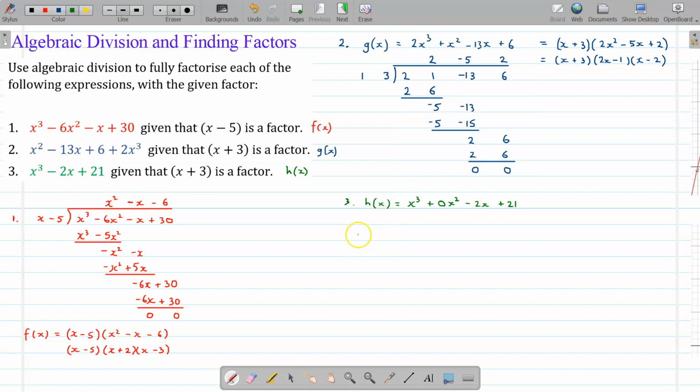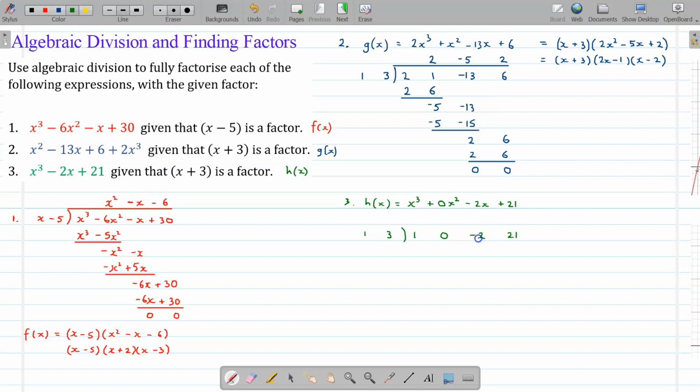So when I come to do my division, my factor is x plus 3, the same as the last one, so it's 1, 3, but it's 1, 3 dividing into 1, 0, negative 2, and 21.